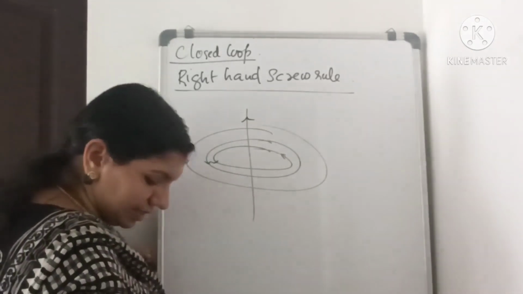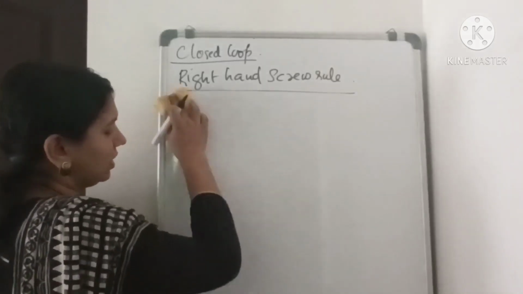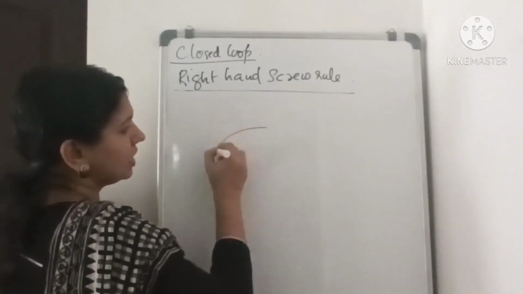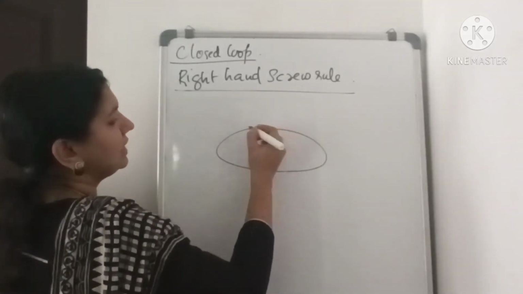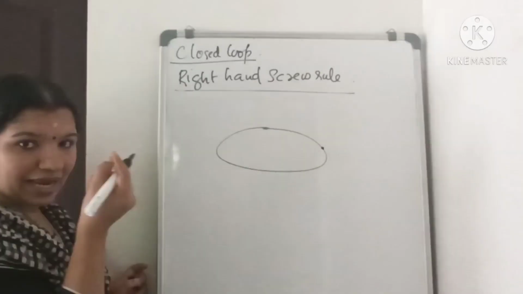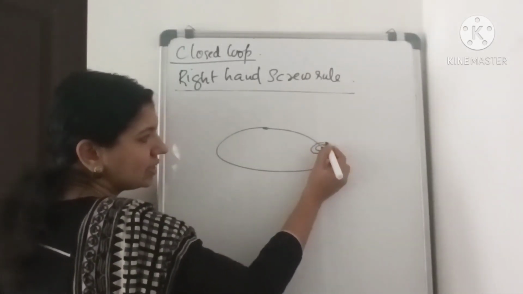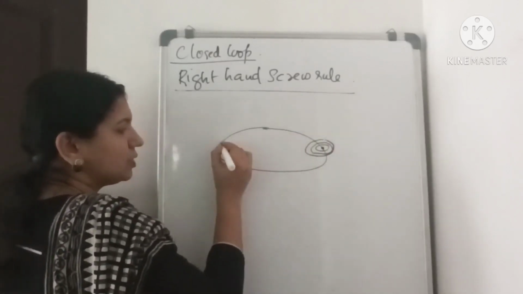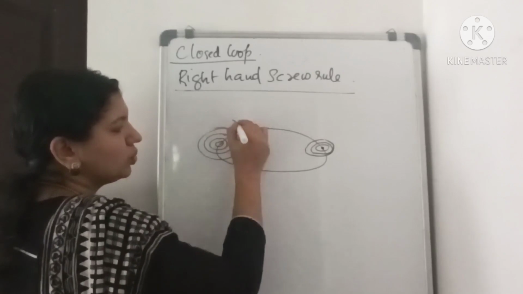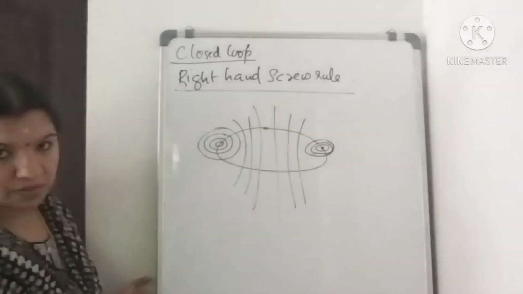Now, the second case is for a circular loop. What about the shape of the magnetic field lines for a circular loop? This is the circular loop. So at each point, I can take it as a single straight conductor, right? So for this straight piece, it will be concentric circles like this. At each point, it will continue. But as a whole, when we consider towards the center, it will be like straight lines.